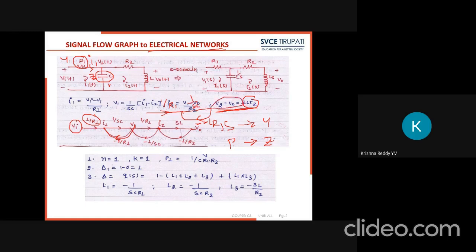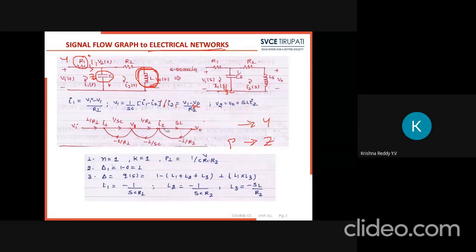It has feedback minus 1 by S. Except the last element, the output element, each and every element in the electrical network has one forward path and one feedback path. If you consider this inductor, it has only its feedback path, SL. After that, we can easily calculate the transfer function for this given electrical network.